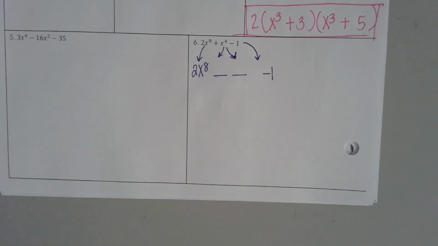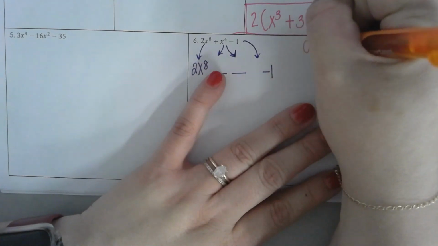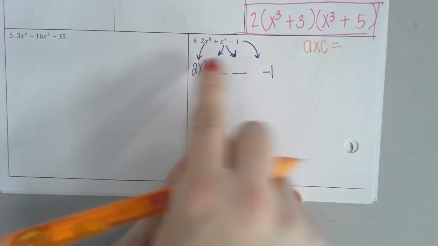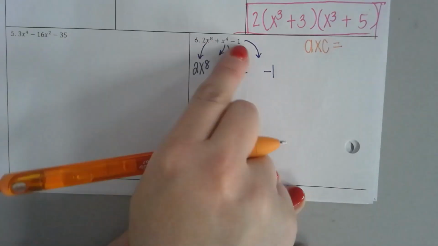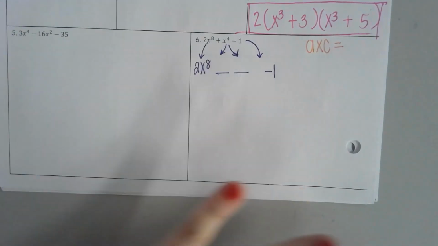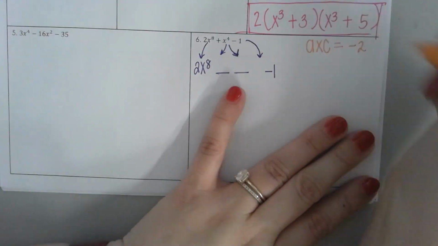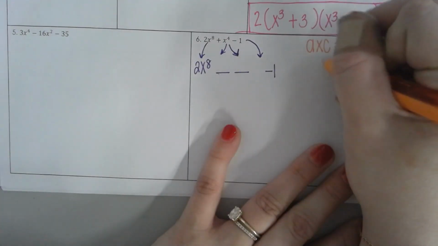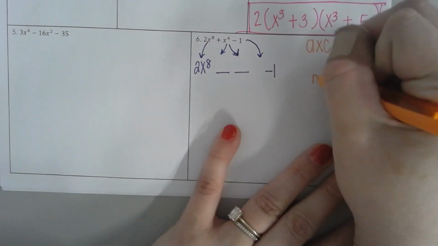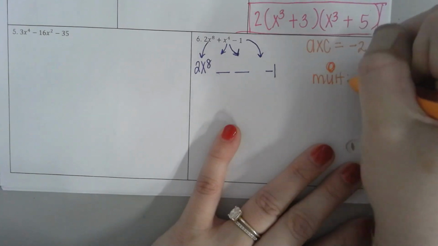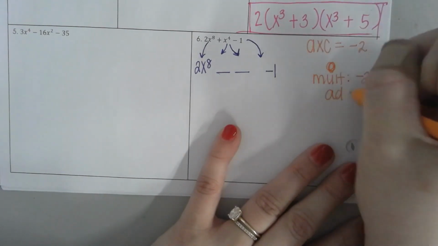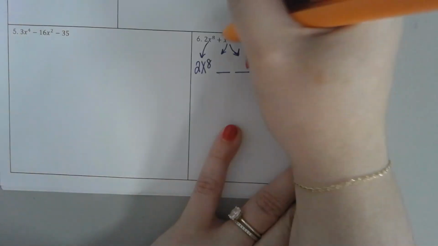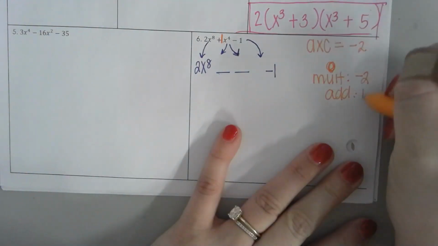Now in order to split it up, we do what we did in Unit 5 with the box method. We start by doing A times C, 2 times negative 1, which is negative 2. So we need 2 numbers that multiply to be negative 2 and add to be 1.